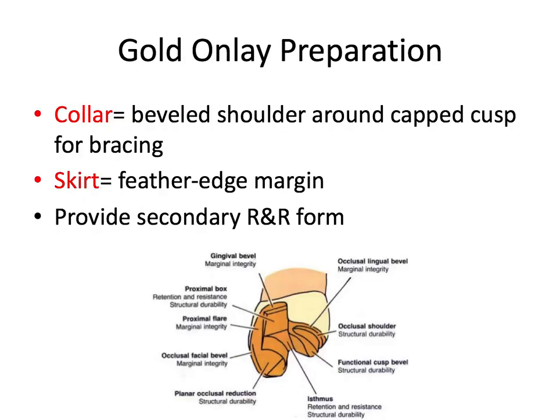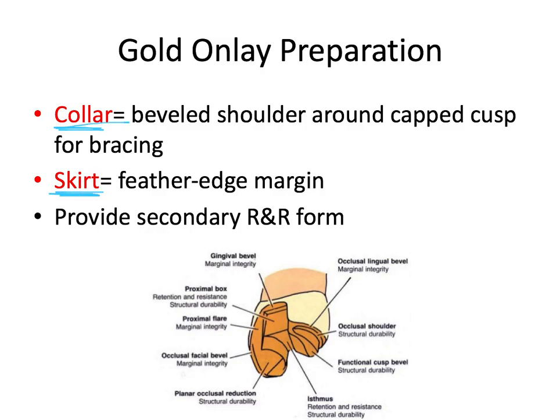And lastly, the gold onlay preparation. I'm not going to go into too much depth here because this gets really convoluted, but the most important things to know for the board exam are what these terms mean. So again, the gold onlay preparation can get very, very complex, but if you can just think of these couple of quick, these nice, what do you call them? Buzzwords, we'll call them, for the board exam, because sometimes these words show up and it's just kind of nice to know what they might mean.